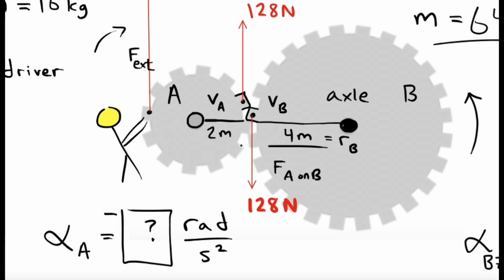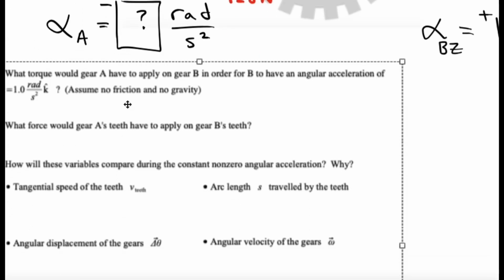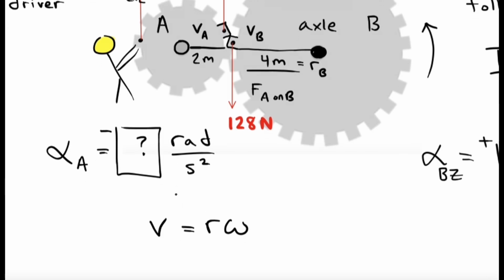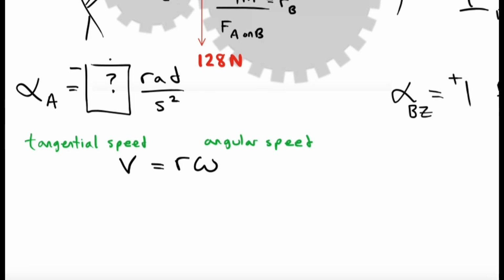There's a formula for finding angular speed from linear speed. The formula is V equals R omega. This is a formula that relates a tangential speed to an angular speed. Let's also look at another one.